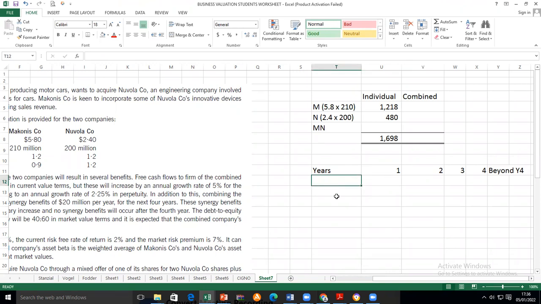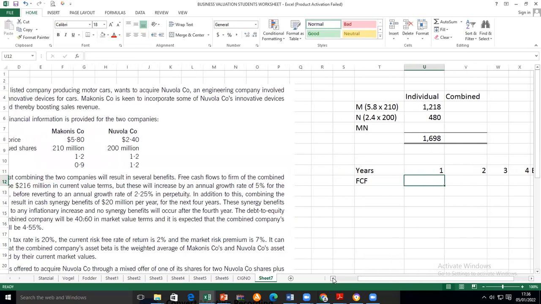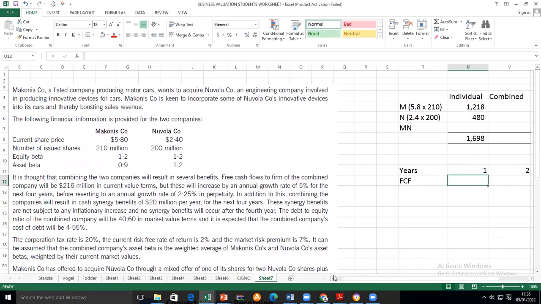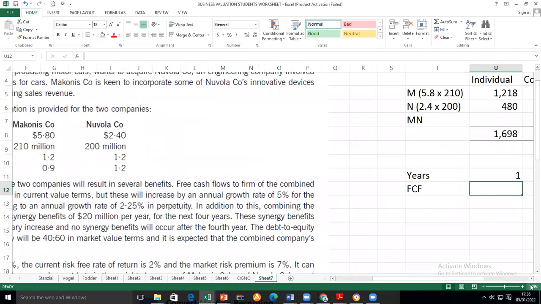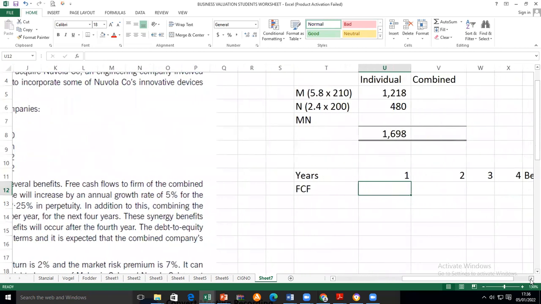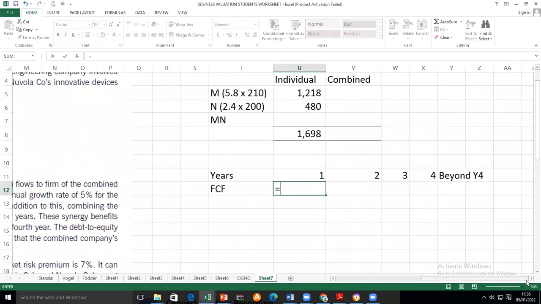Let's go, free cash flow. 1 year from now, what will it be? Will it still be 216 1 year from now? No. It will be 216 multiplied by what? 1.05.